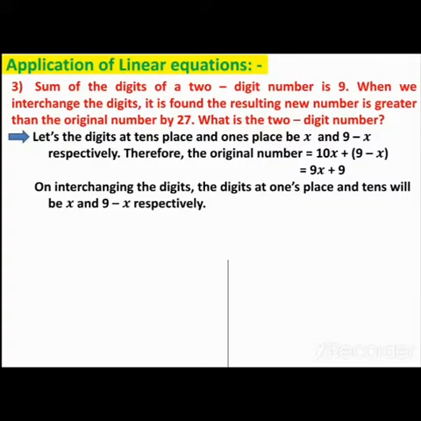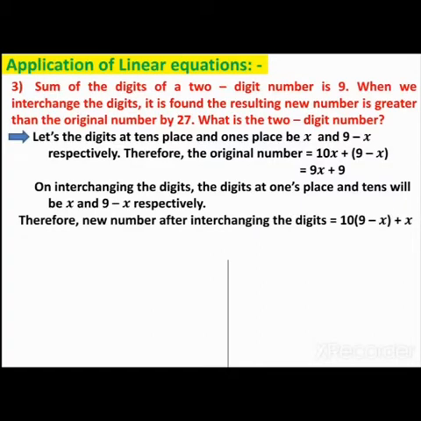Ones place is x and tens place is 9 - x. Therefore, the new number after interchanging the digits is 10(9 - x) + x. So multiply it, 10 nines are 90 - 10x + x. Minus 10x plus x is minus 9x. It means 90 - 9x.